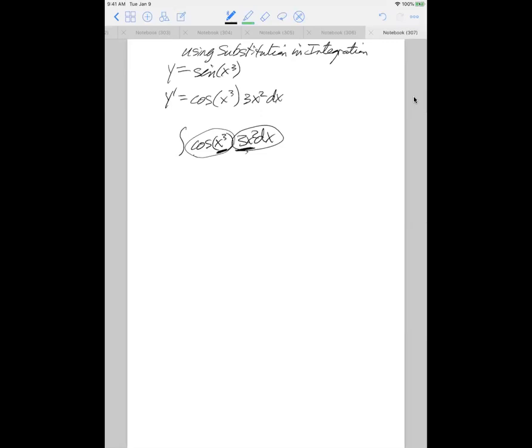In this situation, the substitution idea that I would introduce is, I've seen in some books they even call it u substitution because the letter u is used a lot. I've seen other books use w and different letters, whatever.